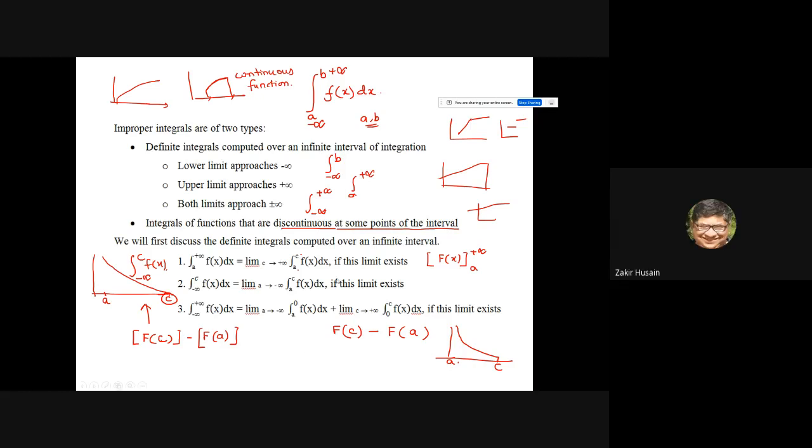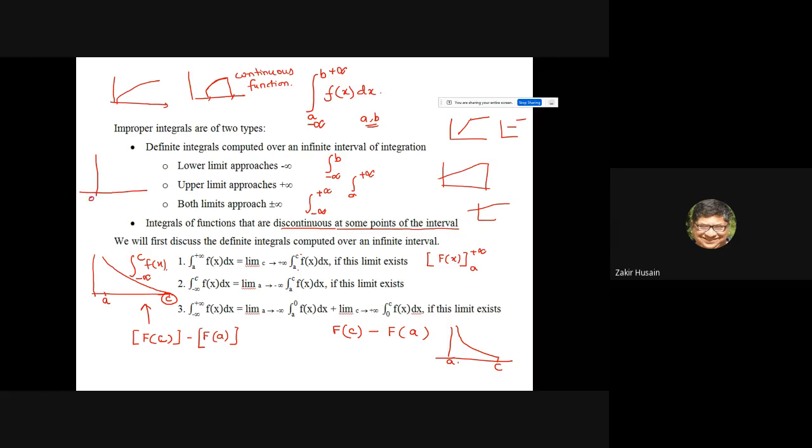Read this part. If this limit exists, in this case the limit doesn't exist, so you can't find it out, unless it is asymptotic to the y-axis at some point. Let me draw it.